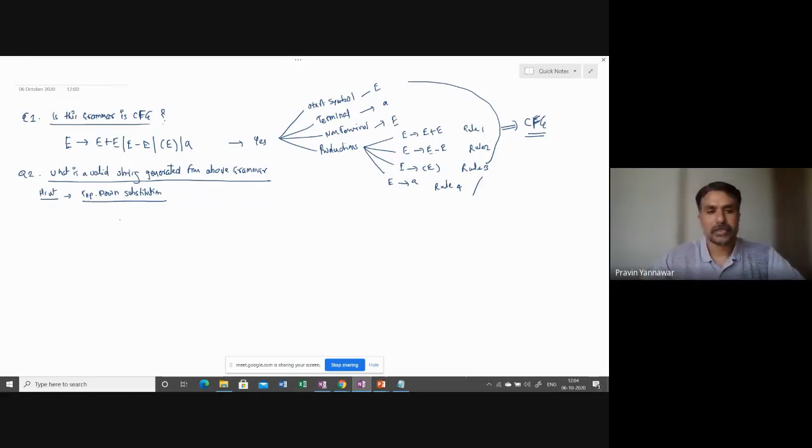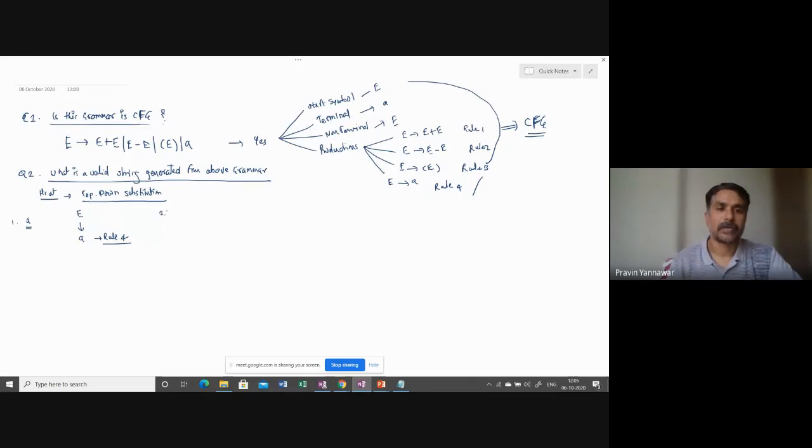Do you think that this is going to be a little tough? Let's see the solution. You start with the leftmost symbol. E is substituted by one of the alternatives. If E is substituted as A, the valid string will be A, the first valid string, by rule number 4.